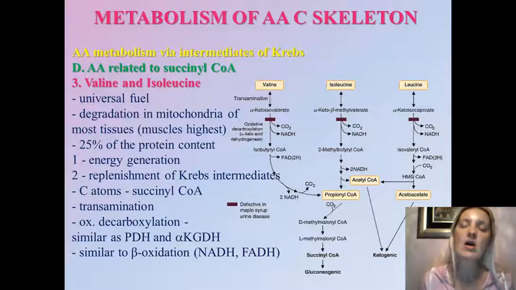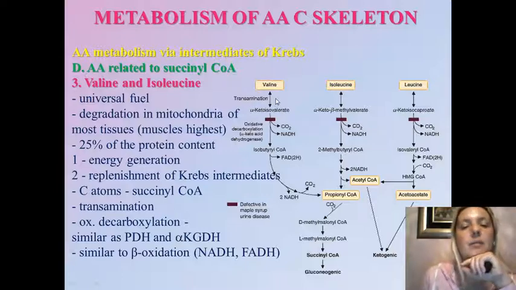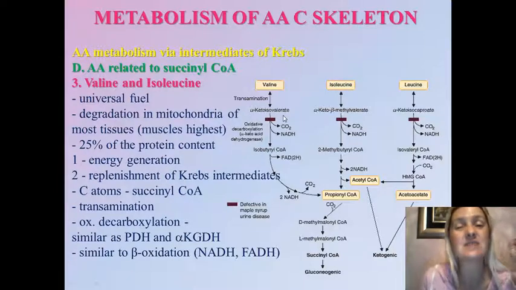So carbon atoms of these amino acids are of course converted to succinyl coenzyme A, but this pathway starts with the reaction of transamination, after which our amino acids are converted to their adequate keto acids. And those keto acids are then subjected to oxidative decarboxylation by alpha keto acid dehydrogenase.